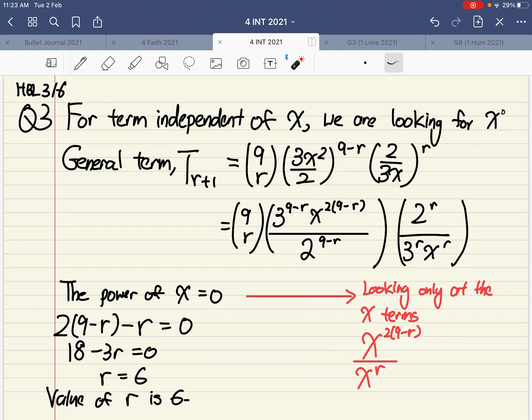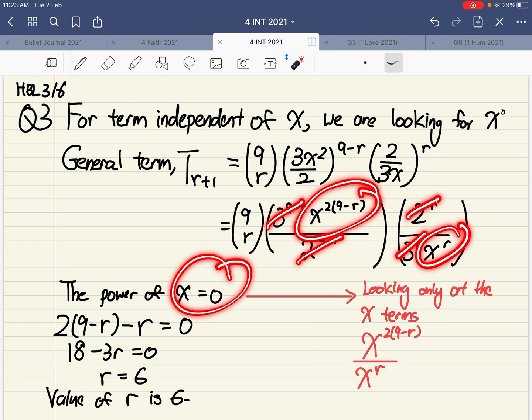So you can ignore this term, ignore this term, ignore this term. What I am going to focus my attention on is the powers in x, because I know that the power of x I'm looking for is 0, the term independent of x. So therefore, I'll only look at this term, power in x and power in x.